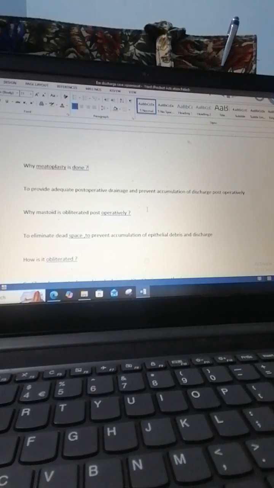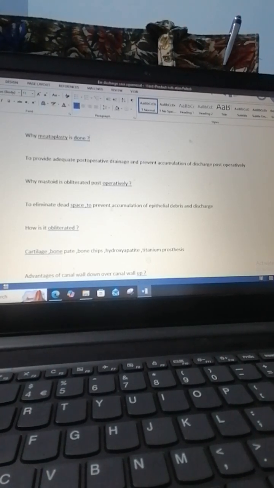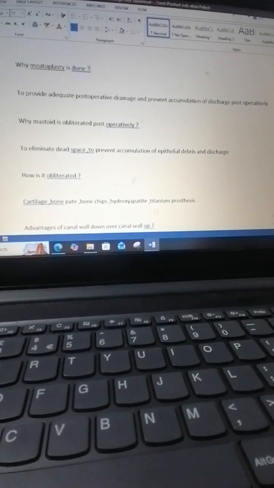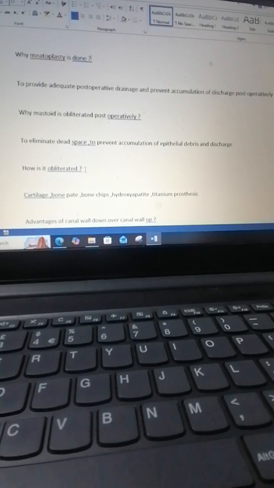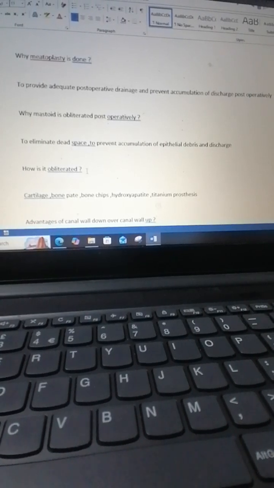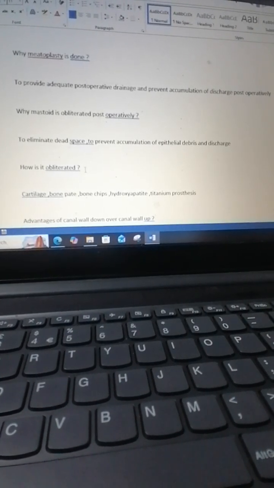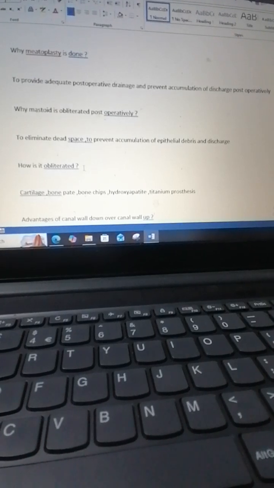The next question will be, why is the mastoid obliterated post-operatively? To eliminate the dead space and to prevent accumulation of epithelial debris and discharge. In the exam there is a rule that if you say a statement, you have to justify it.